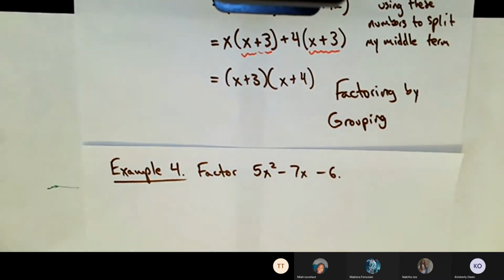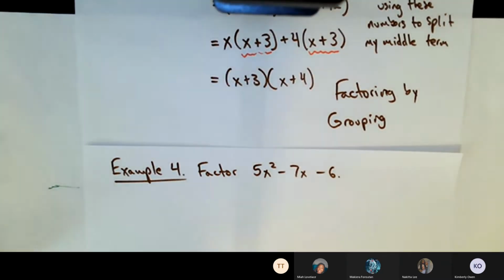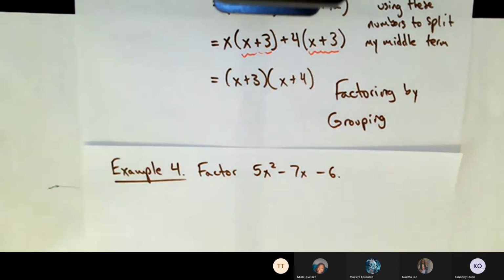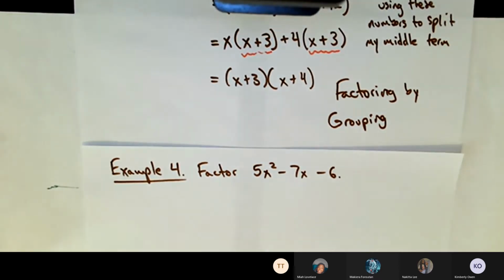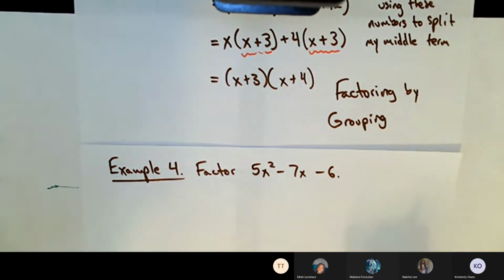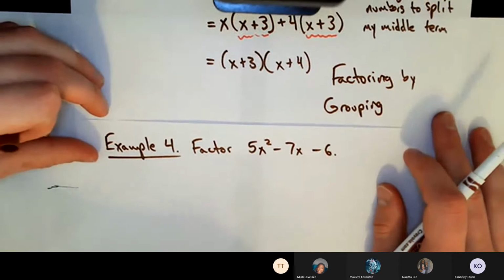All right, so now we are running into a polynomial that does not have a leading term of 1, or rather, a leading coefficient. Its leading coefficient is a 5, whereas the other ones were just x squared. So the first thing we're going to do is try and fill out the chart, right?